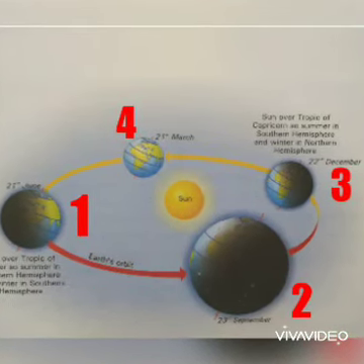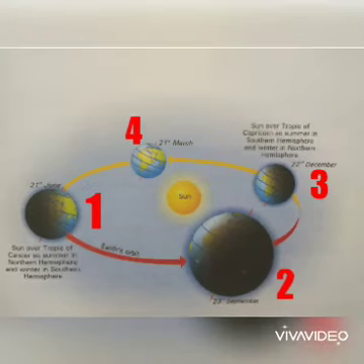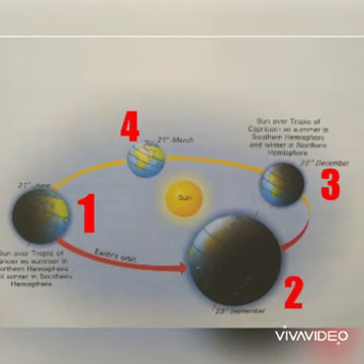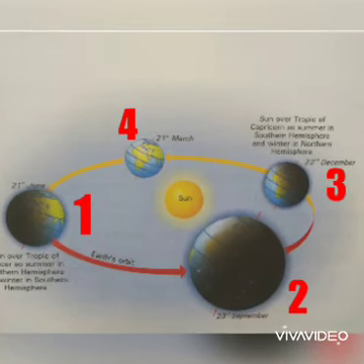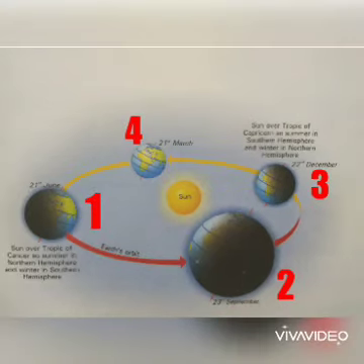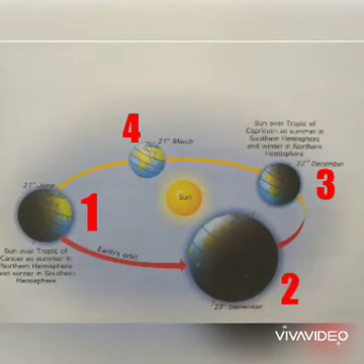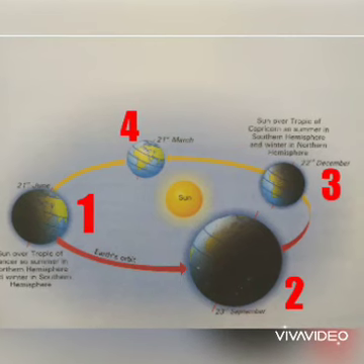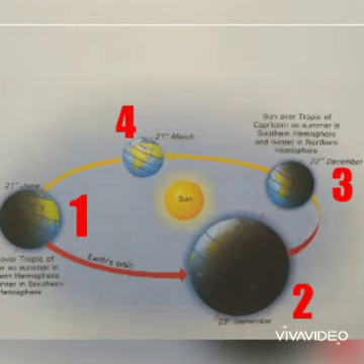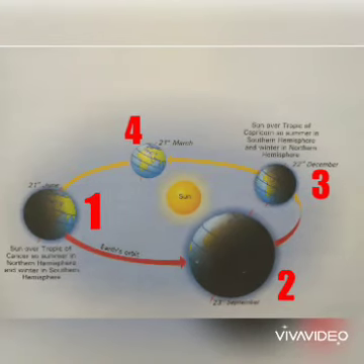and when it revolves around the sun, the seasons keep on changing. As you can see, picture number 1 is showing the month of June. In this, the north pole is tilted towards the sun and the south pole is tilted away from the sun.